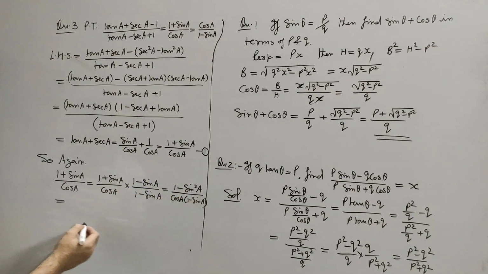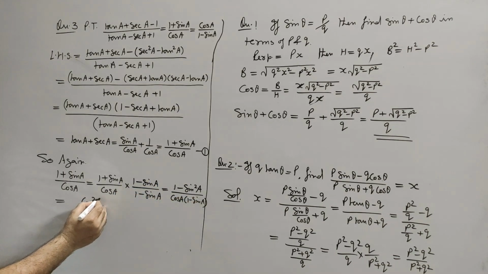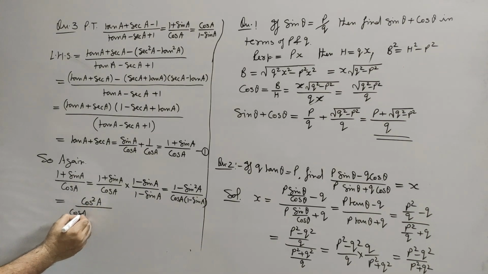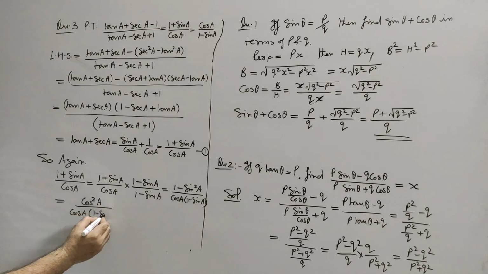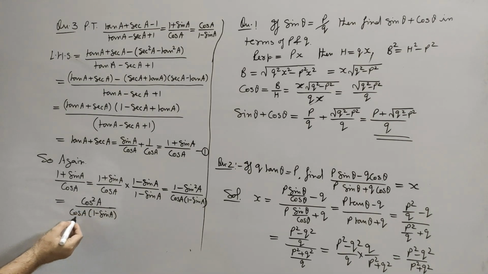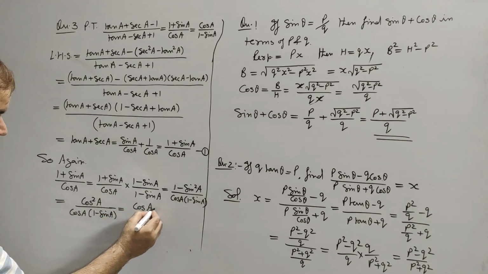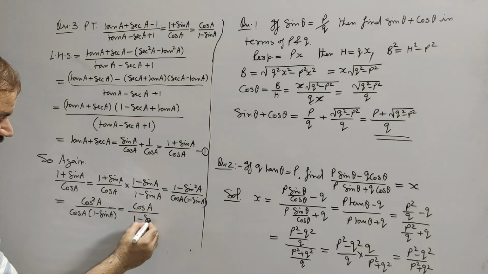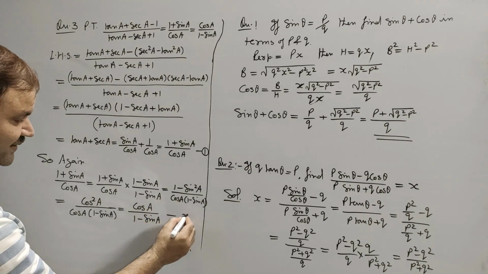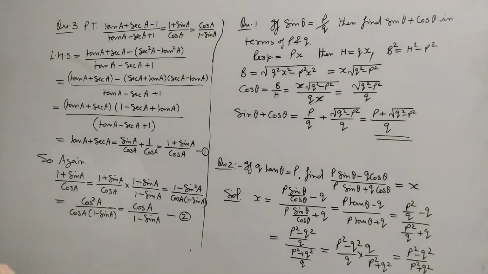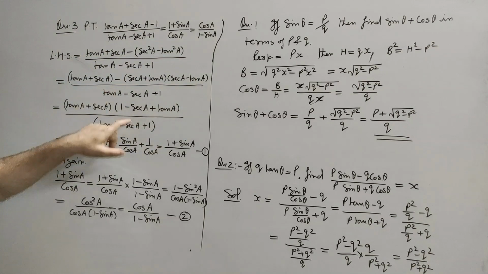So 1 minus sin square A will be cos square A upon cos A into 1 minus sin A. Now cos A will cancel 1 power of cos square A, so it will become cos A upon 1 minus sin A. So thus we can say that all the three terms are equal.